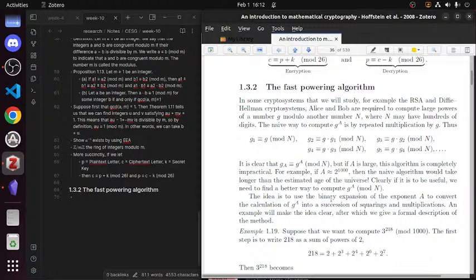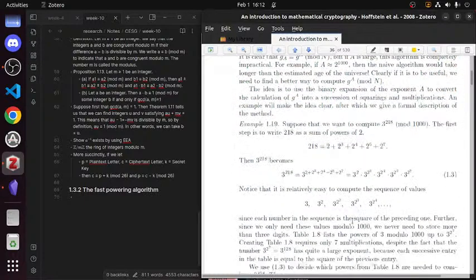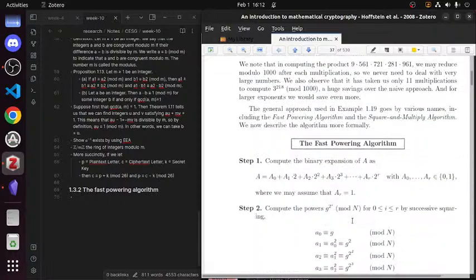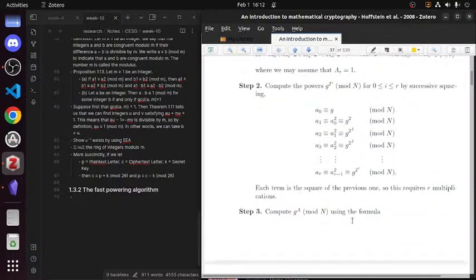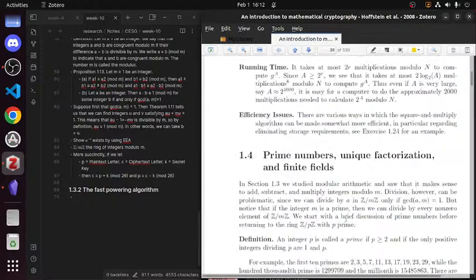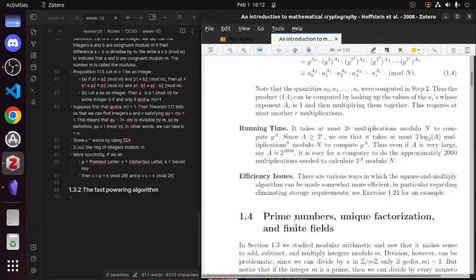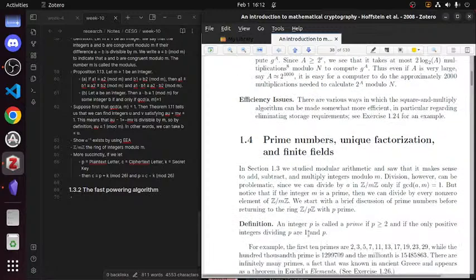I do want to be awake and ready to go for the fast powering algorithm stuff, and it's pretty short. Then we get to prime numbers, unique factorization, and finite fields, which I guess I'm going to finish tomorrow morning.